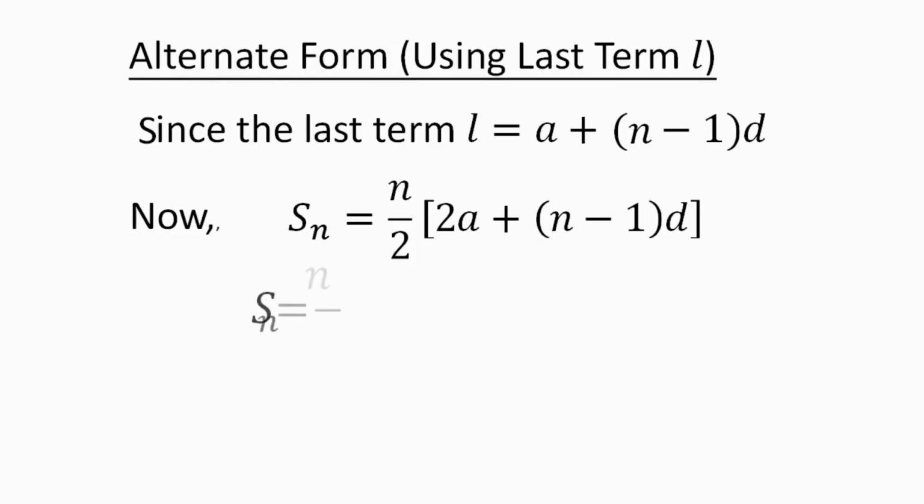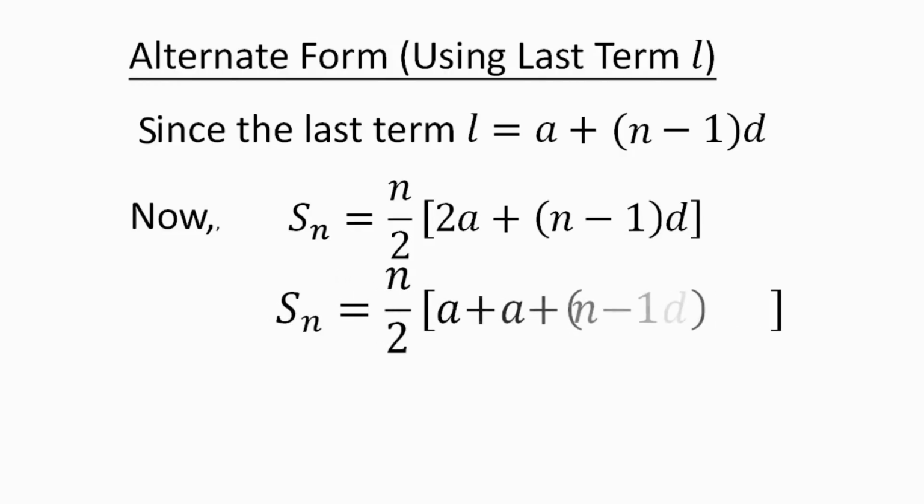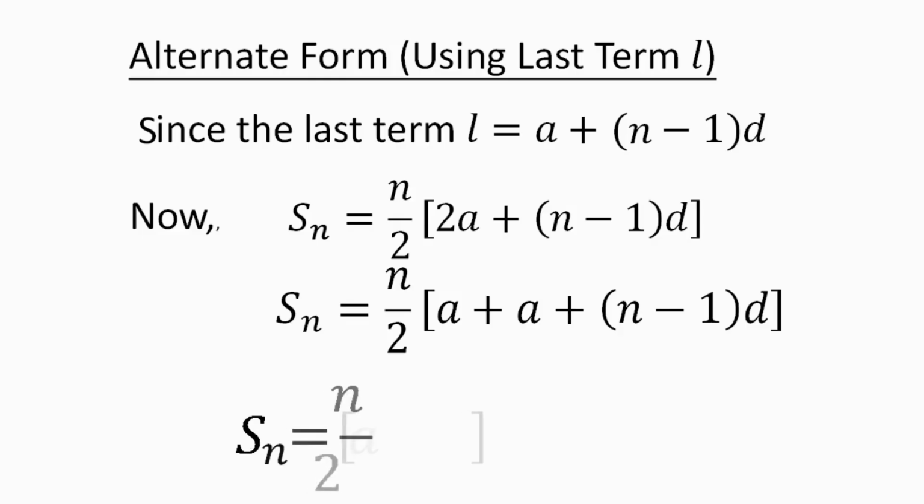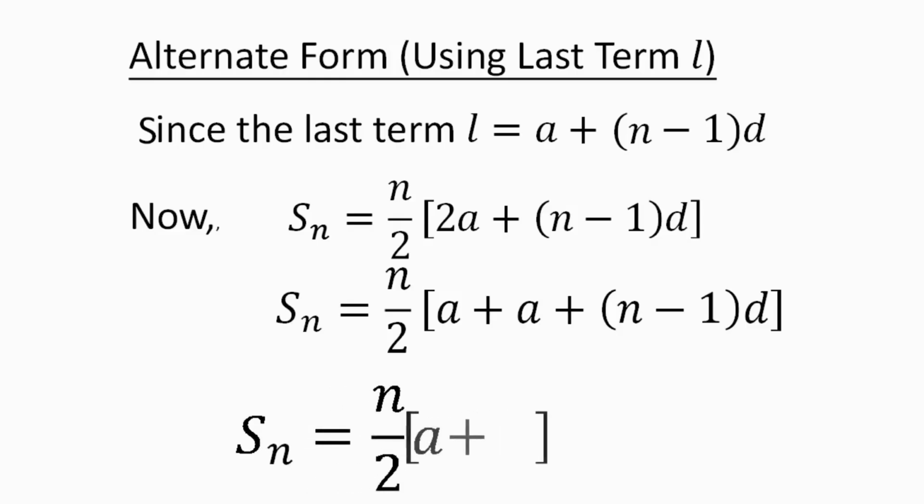Now, the sum Sn can be written as n divided by 2 times (a plus (n minus 1) times d). Replace a plus (n minus 1) times d with L in the given Sn formula, and we get Sn is equal to n divided by 2 times (a plus L). This completes the derivation.